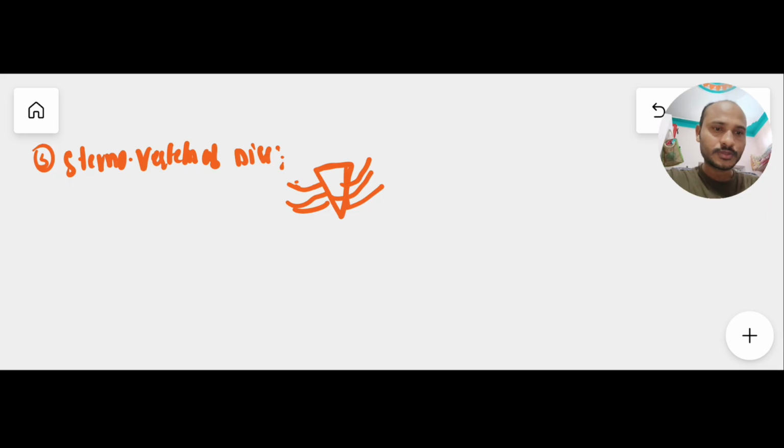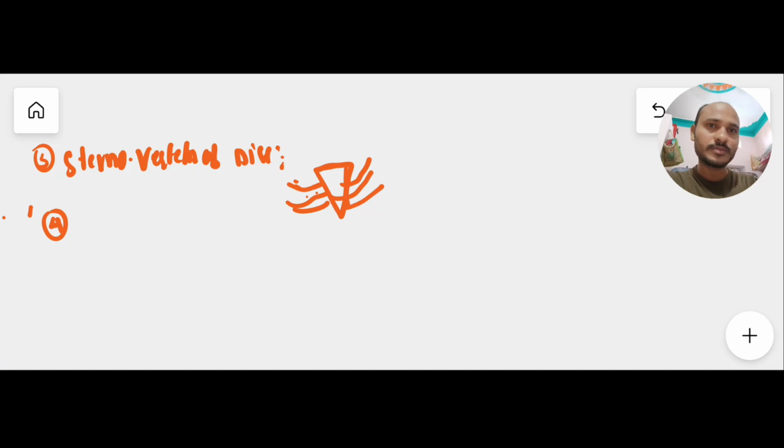So these joints are present between the sternum and the vertebral bones.